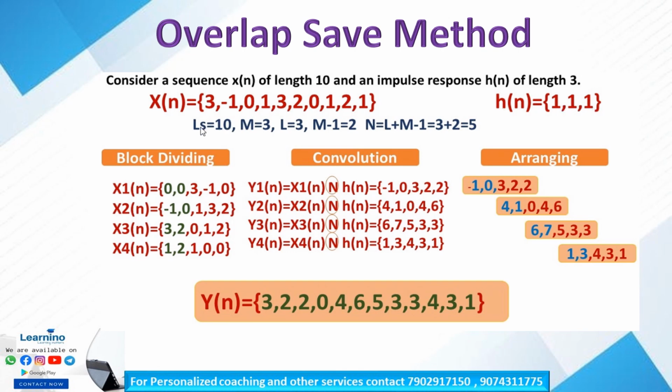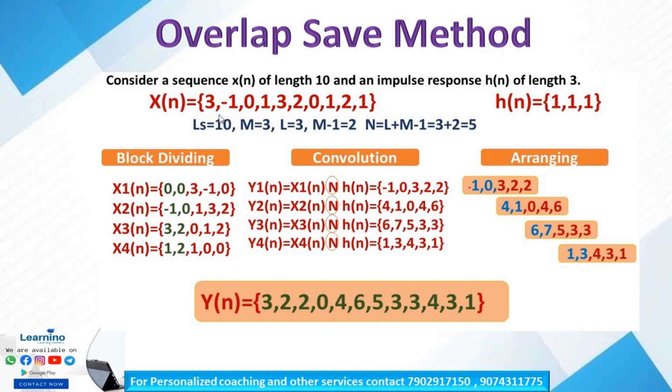So here the length of the input sequence is 10, the length of the impulse response M is 3, the length of the new data points L is considered as 3, M minus 1 is equal to 2, and the length of the block, capital N, which is equal to L plus M minus 1, gives 3 plus 2 is equal to 5.